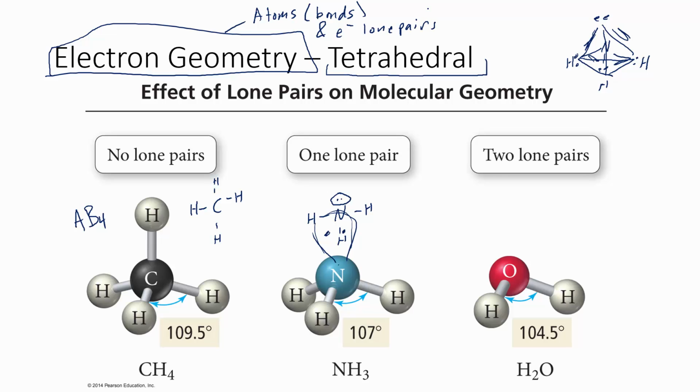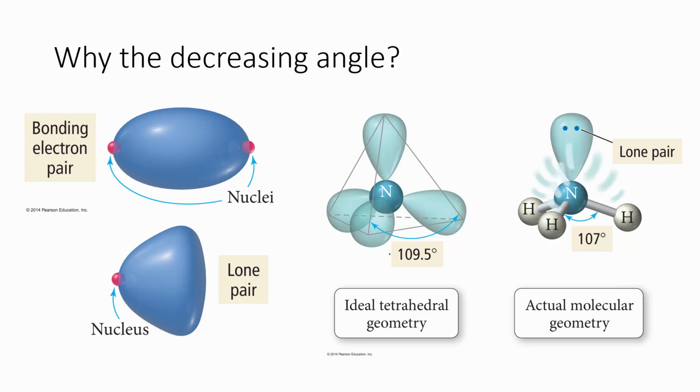That gives us those shapes: linear, trigonal planar, tetrahedral, trigonal bipyramid, and octahedral that we talked about in the previous section. But now, when we have an AB3N arrangement, this is actually going to be named something slightly different.